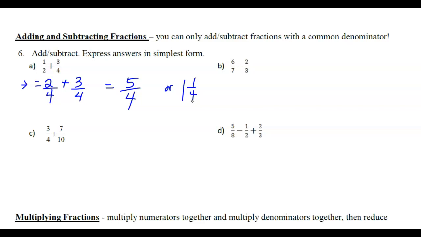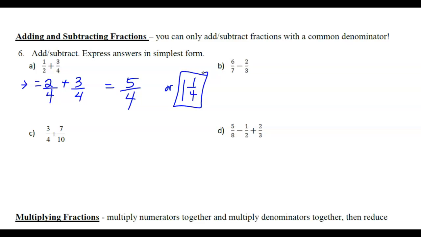So biggest thing, you need a common denominator. Now in high school math, we don't actually care about mixed numbers very much. In middle school or junior high, you're probably converting mixed numbers to improper fractions to mixed numbers a lot. We don't really need to do that much.